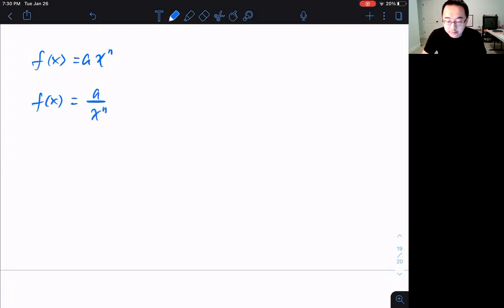So some other common forms is when you have f of x equals a times x to the nth power, or f of x equals a divided by x to the nth power, or where you have f of x equals a times the absolute value of x.